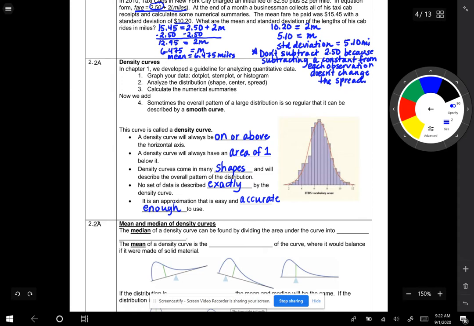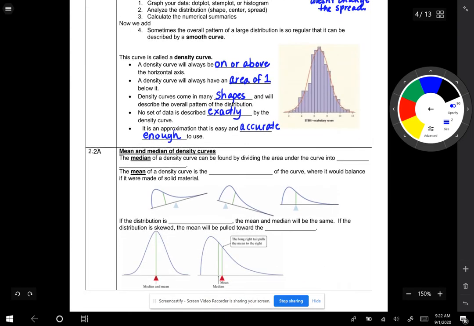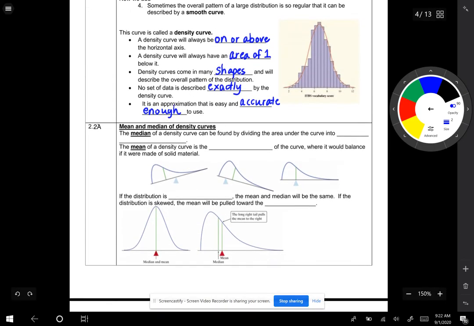And there on the right you see a density curve. The median of a density curve can be found by dividing the area under the curve into two equal areas. I think I said mean, I meant median. So that about 50% is to the left of the median and about 50% is to the right of the median.